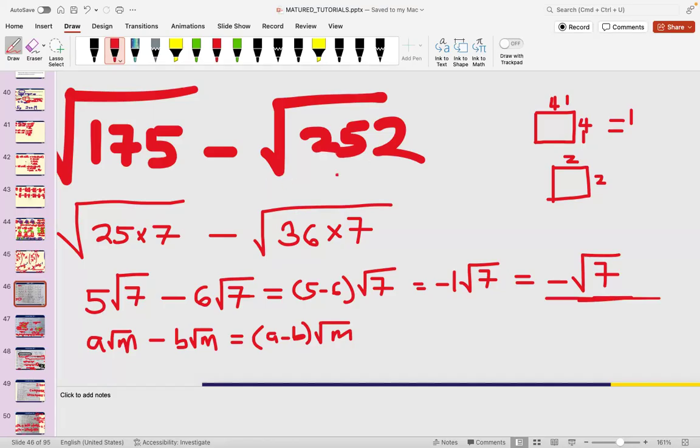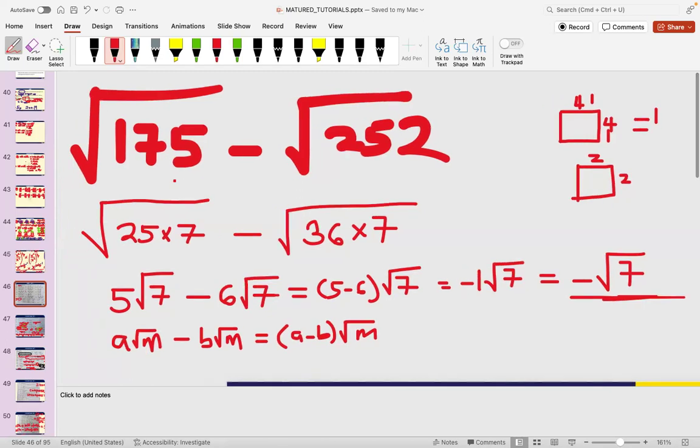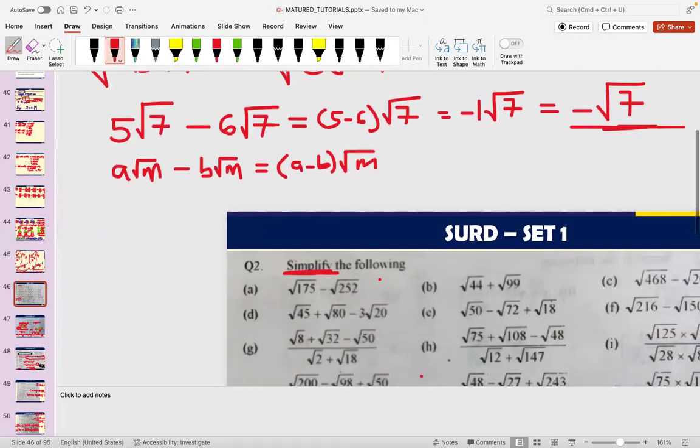What you do is just type on your calculator 252 divided by 7. 36 will come. That is why I said all the work is done with the first one. Once you finish with the first one, the second one becomes easier. Okay, sir. Good.